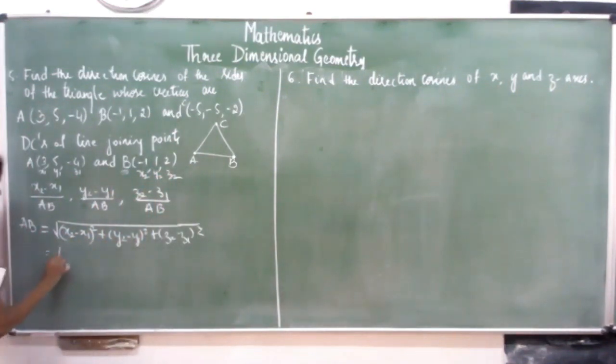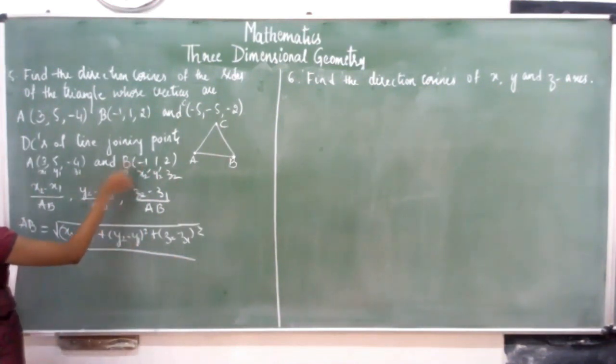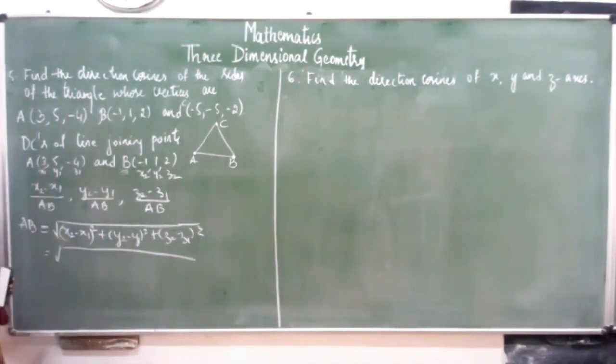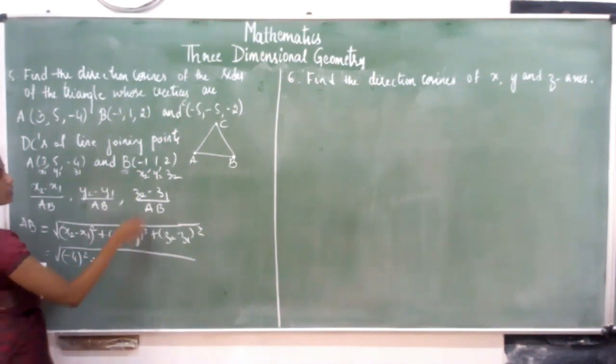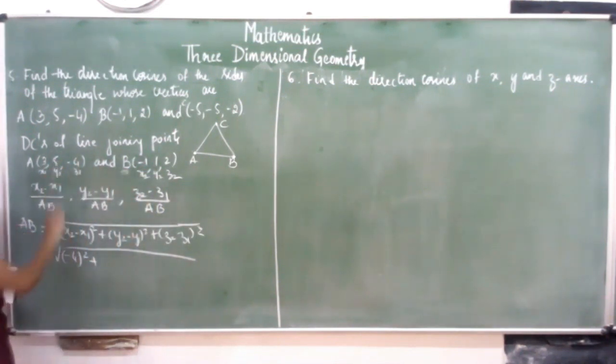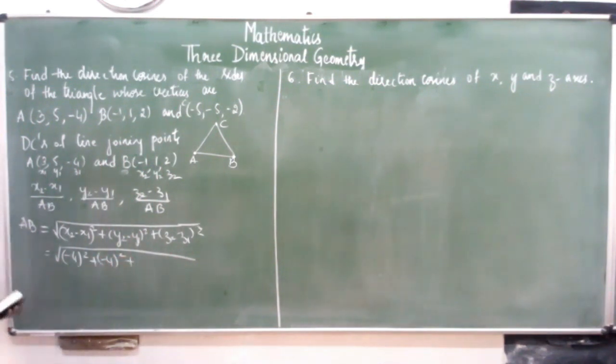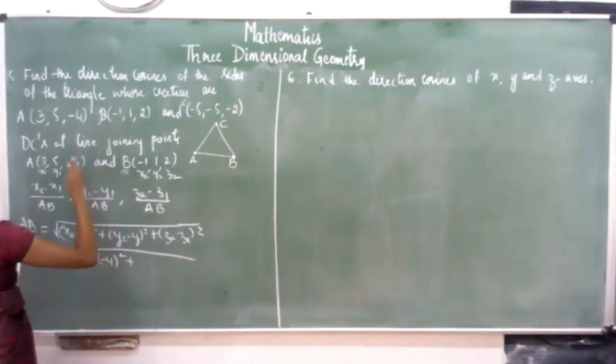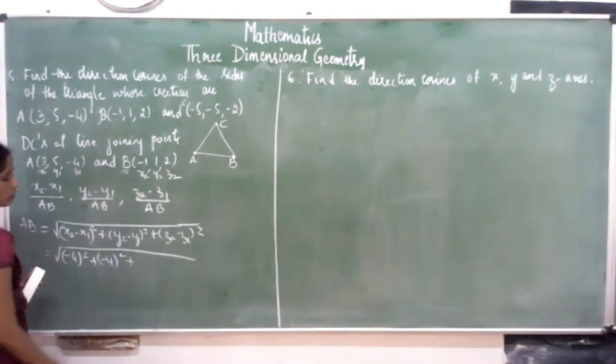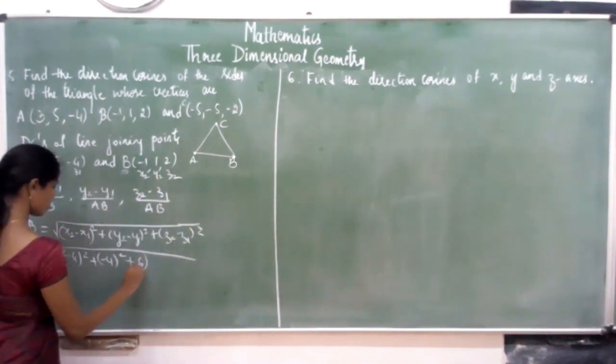Therefore this is equal to root of (x2 minus x1) the whole square, minus 1 minus 3, which is minus 4, minus 4 the whole square, plus (y2 minus y1) the whole square, 1 minus 5 is minus 4, again minus 4 the whole square, plus (z2 minus z1) the whole square, z2 is 2 plus 4, 2 plus 4 is 6, 6 square.